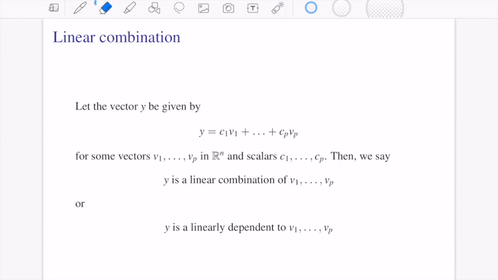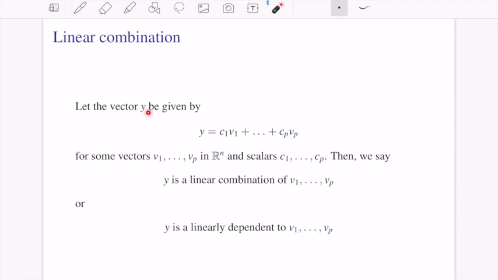All right, we start with the definition of linear combination. So we want to know what we mean by y is a linear combination of v1, v2, up to vp. So the definition is the following.